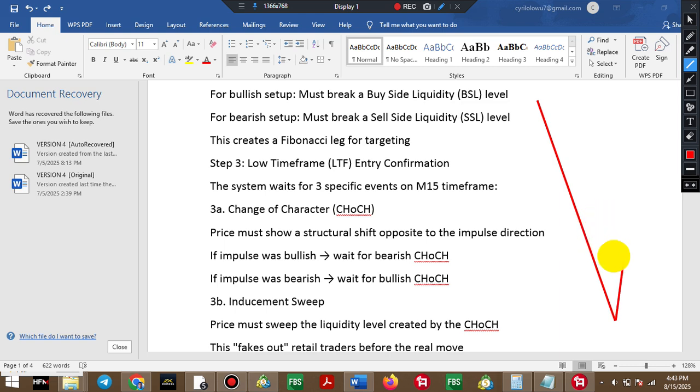This is the situation where price may make a pullback, come back, then break above, creating a signal that in the lower time frame price is no longer bearish, but in the medium time frame price is still bearish. What is the logic behind this? In trading in general, there's what we call an impulsive move and a correction phase.